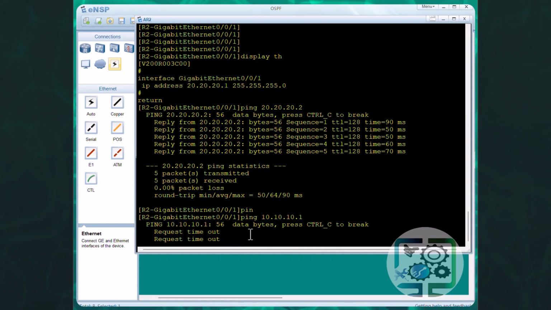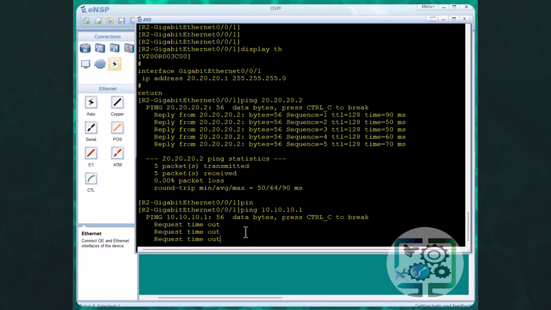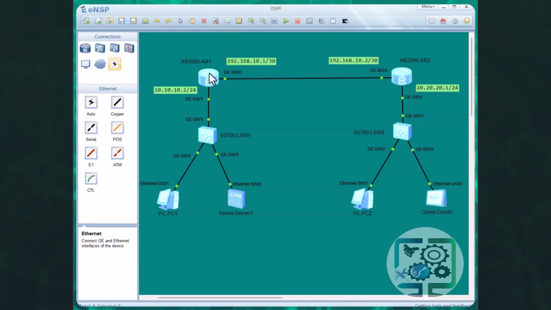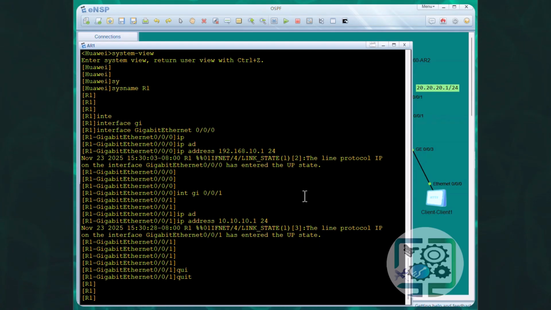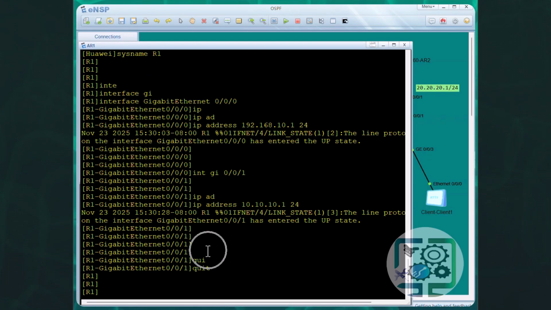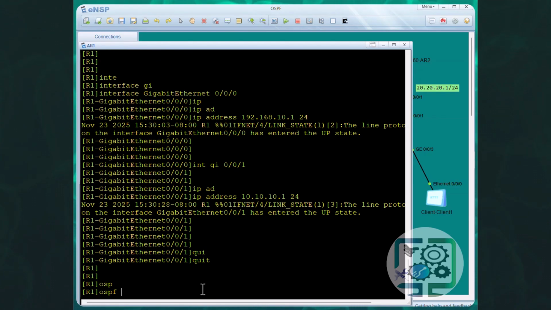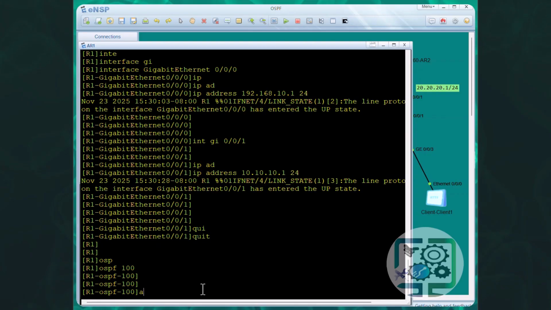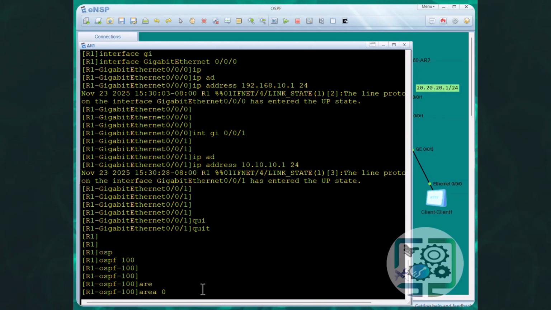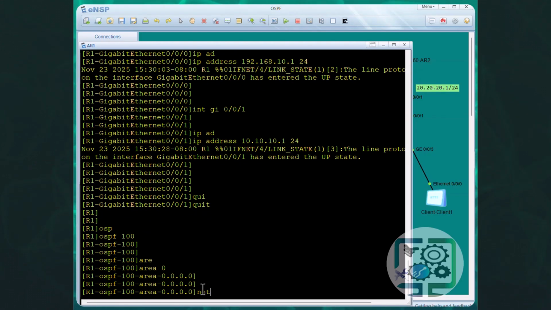It shows timeout. This is because we did not configure OSPF on both routers. Without a routing protocol, we cannot communicate with other networks. Now we will configure OSPF so we can communicate with the other network on both sides. The OSPF process ID will be 100, and we will configure single area OSPF, area 0.